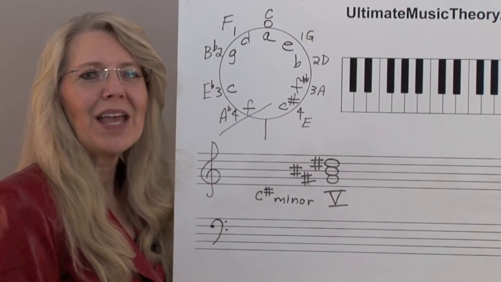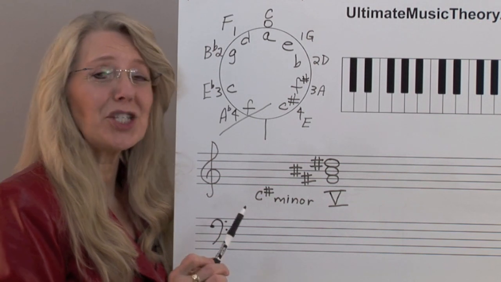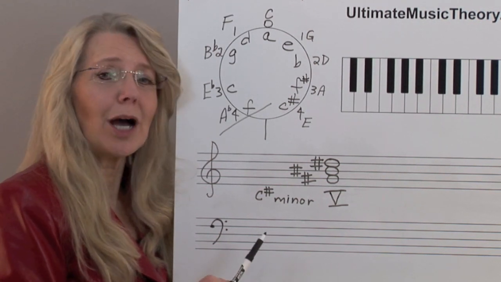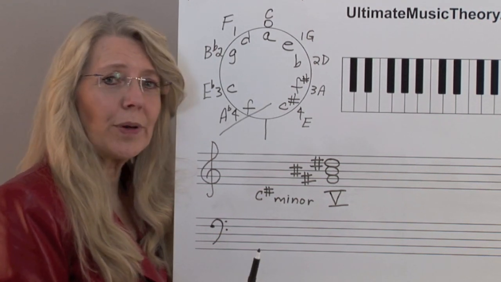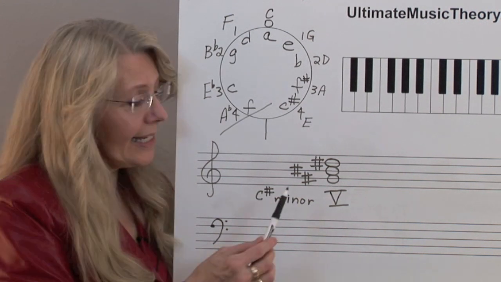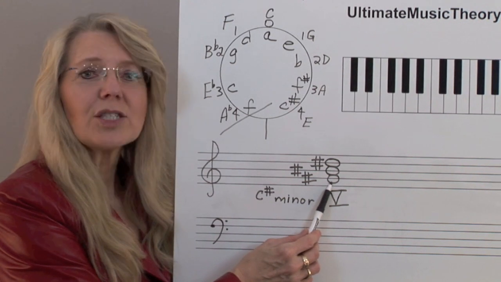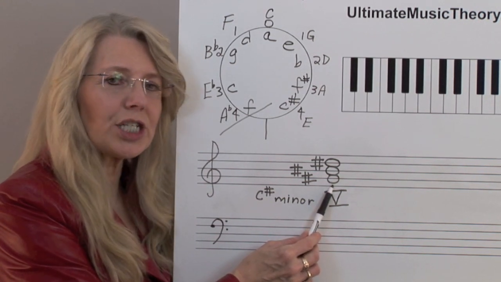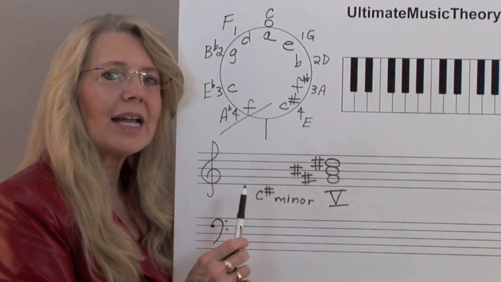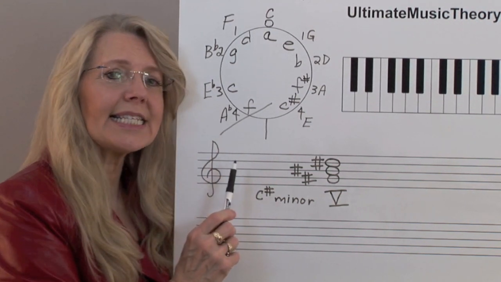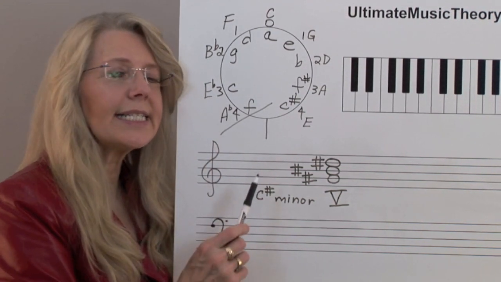For example, the dominant triad of C sharp minor. To determine the dominant, or the fifth note, of C sharp, we count up from C: C, D, E, F, G. So the notes of the triad are G, B, D. The circle of fifths indicates that C sharp minor is related to E major.